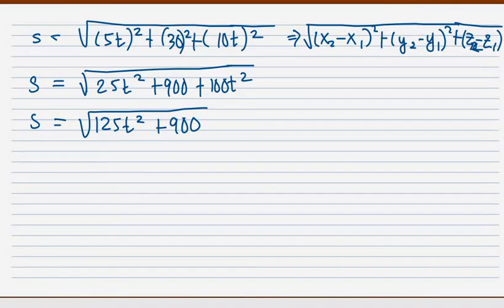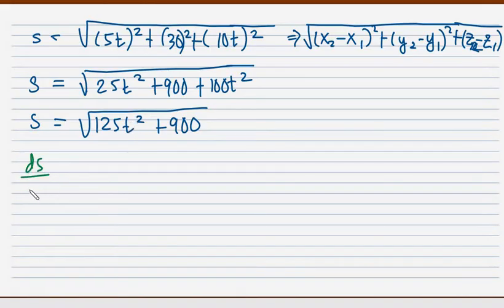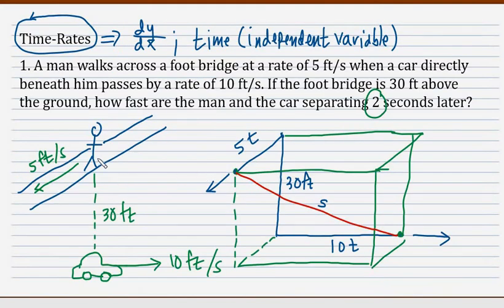This is what I was talking about a while ago: we have S as a function of t, wherein t is your independent variable. If we get the derivative of S with respect to t, then we are solving the separation between the man and the car at any time.